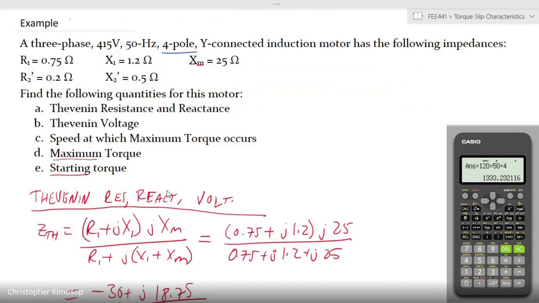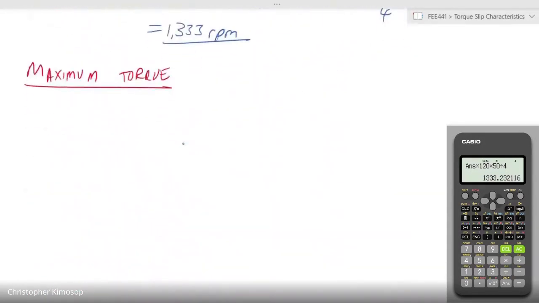The synchronous angular speed, omega sync, is equal to 2 pi synchronous speed over 60. We are just converting from rotational to angular.